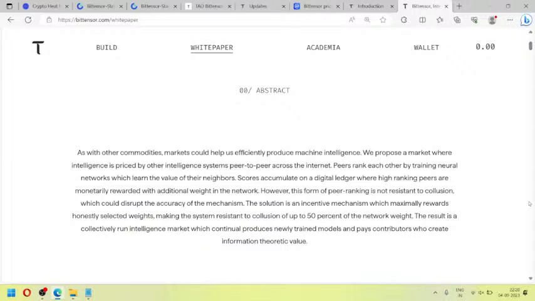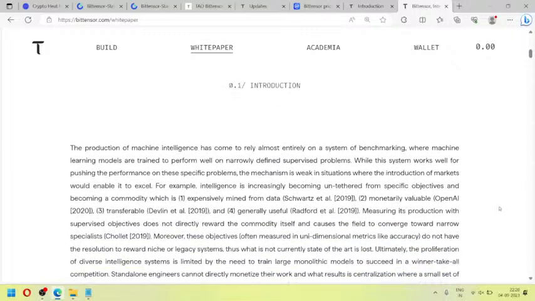The result is a collectively run intelligence market which continually processes newly trained models and pays contributors who create information theoretic value.